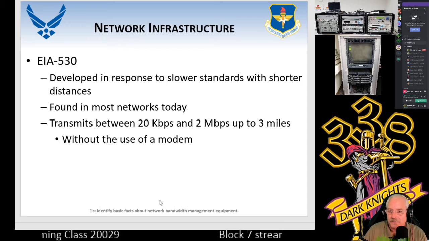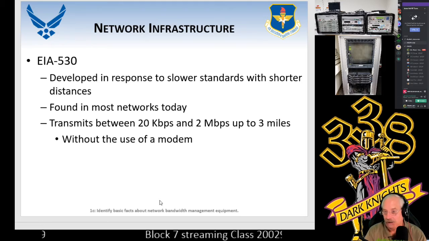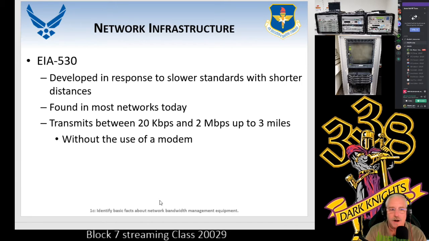Now we upgrade to an EIA 530. With this one, you're able to get faster and go farther with your modem, or get to the modem. So in our case, I deal with AT&T, and their central office is less than a mile from me, so I'm able to get a pretty decent connection.